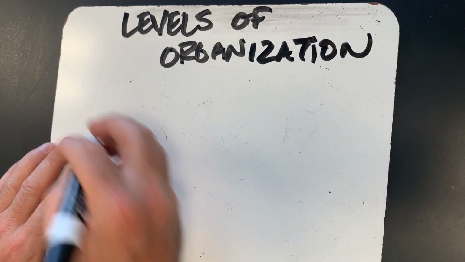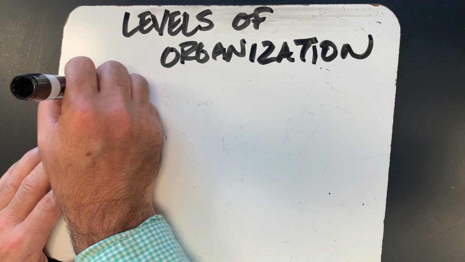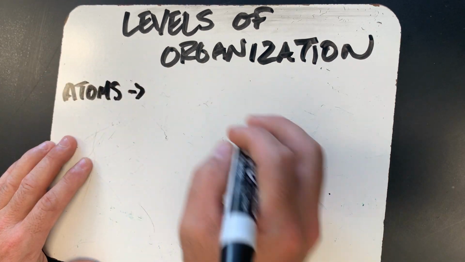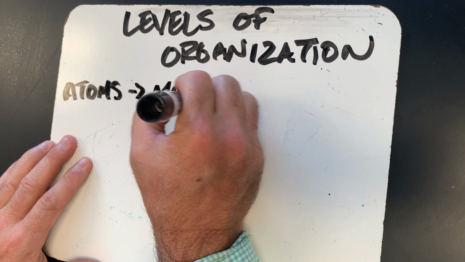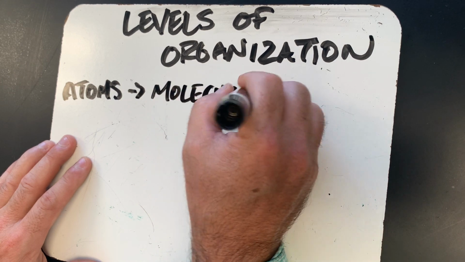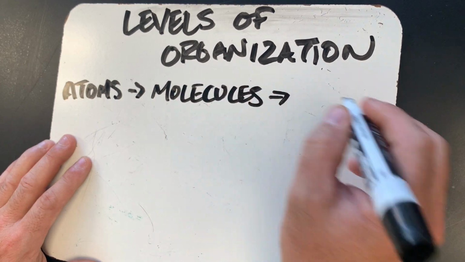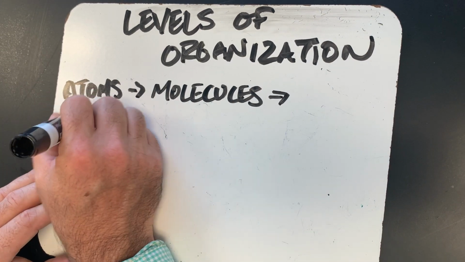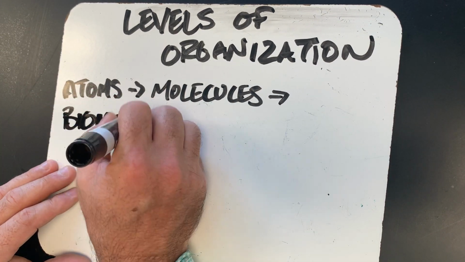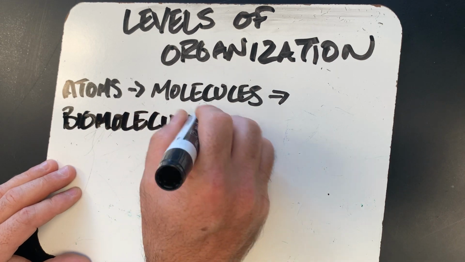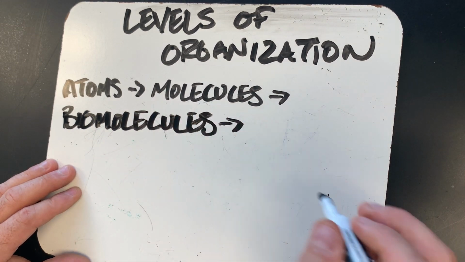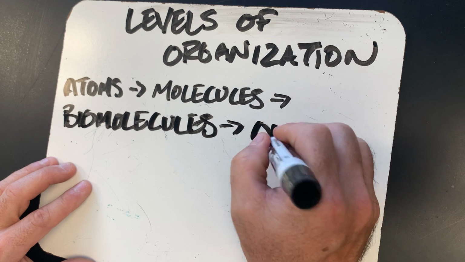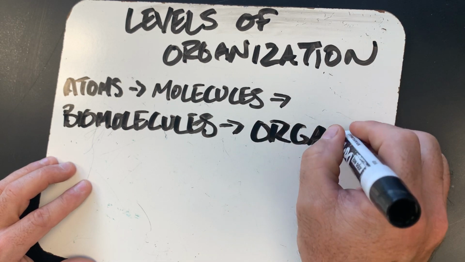you start with atoms, and atoms are going to go to molecules. They build molecules, multiple atoms together, and molecules will build biomolecules. Biomolecules can build organelles, and we're going to spend some time talking about organelles.